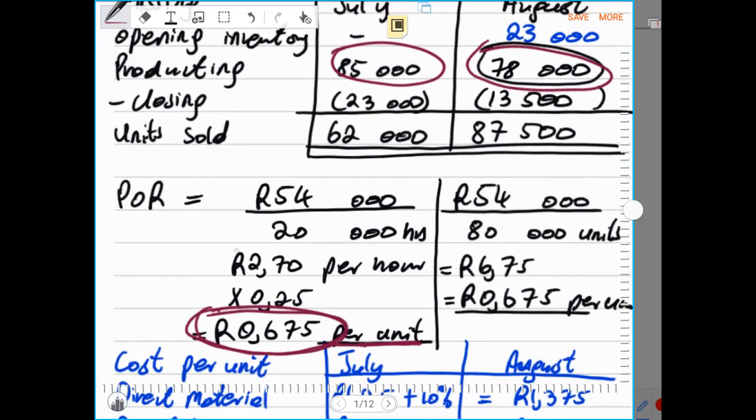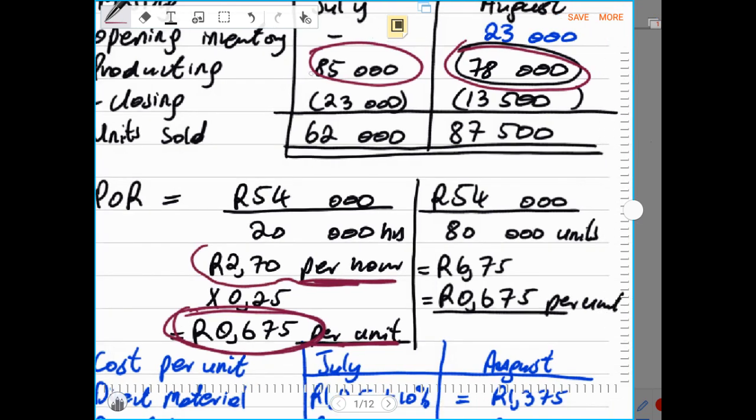But if you take the 2 rand 70, which is per hour, you first have to convert to hours. That means the hours it takes to produce 85,000 units, where you multiply by 0.25, and this will give you 21,250 hours.